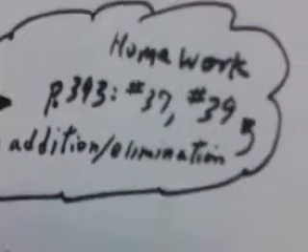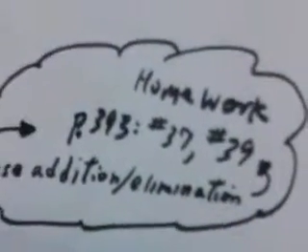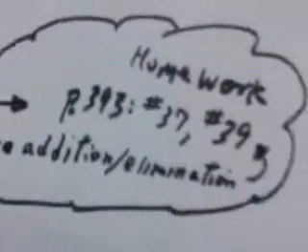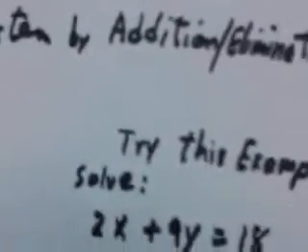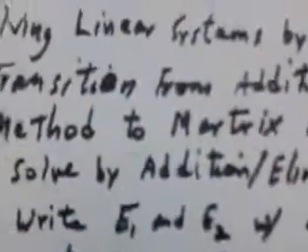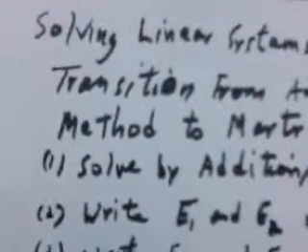All right, let's talk about using matrices to solve systems of linear equations. The process is as indicated here, and this is a transition from the method of addition/elimination to the method of using matrices to solve systems.